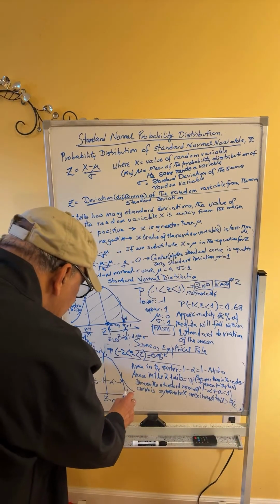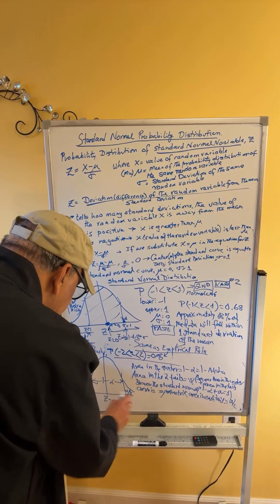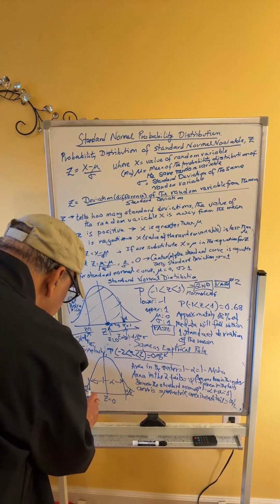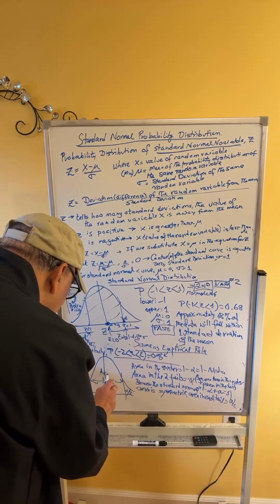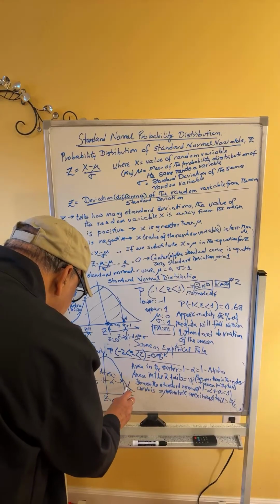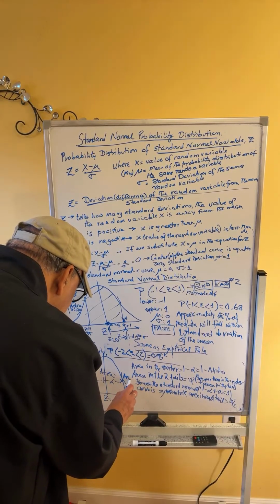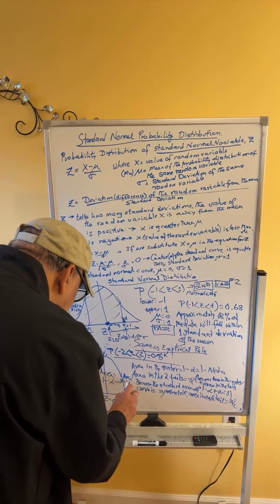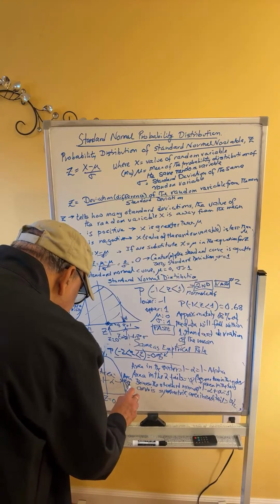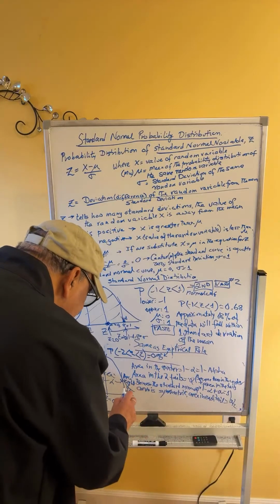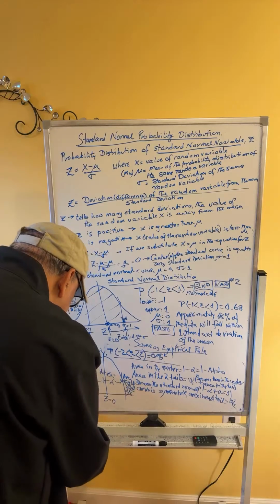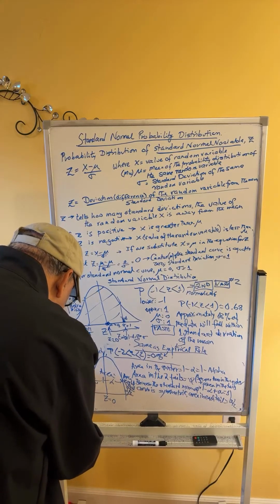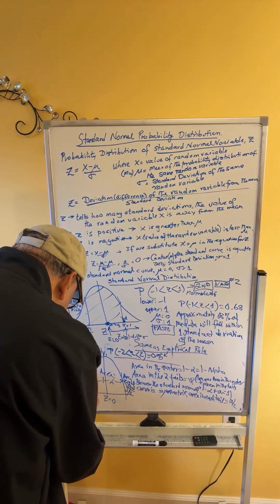So this area is alpha by 2, this area is alpha by 2. So this area is 1 minus alpha, and this area is alpha by 2 in the right tail. This is the right tail, because it's the tail end of the curve. Area of the right tail is alpha by 2. Area in the left tail is also alpha by 2.